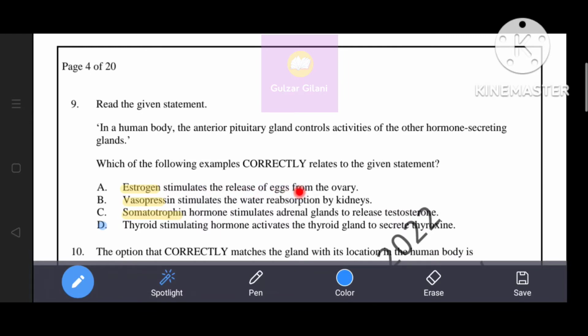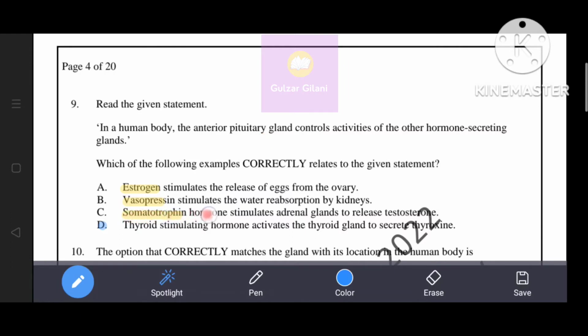Incorrect है. एस्ट्रोजन को एंटीरियर पिट्यूटरी ग्लैंड सिक्रीट नहीं करता, ओवरी सिक्रीट्स एस्ट्रोजन. वेसोप्रेसिन स्टिमुलेट्स द वाटर रीअब्सॉर्प्शन बाय किडनीज भी इनकरेक्ट है. वेसोप्रेसिन को एंटीरियर पिट्यूटरी ग्लैंड सिक्रीट नहीं करता, पोस्टीरियर लोब ऑफ पिट्यूटरी ग्लैंड सिक्रीट्स वेसोप्रेसिन.